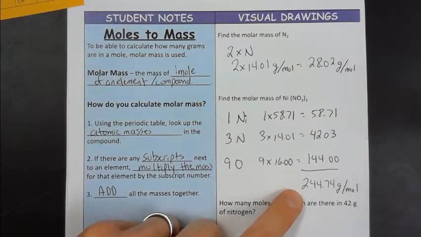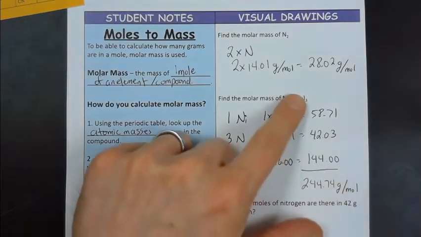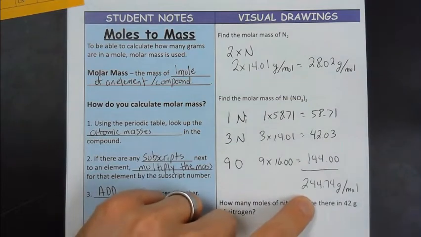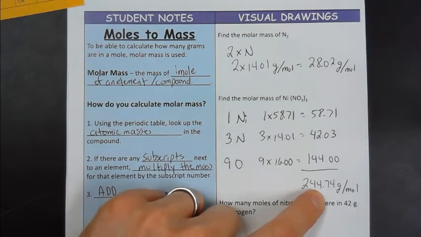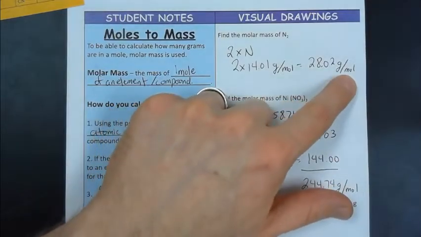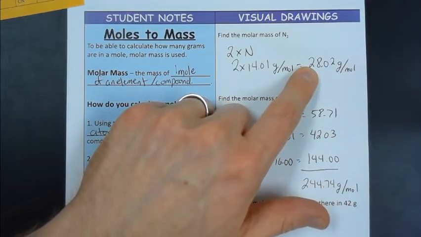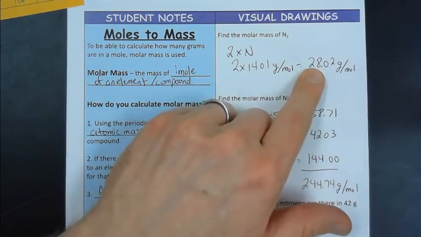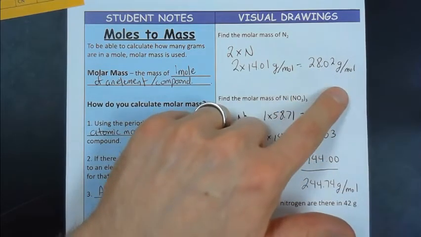This tells me that if I wanted to have 1 mole of this compound, I need to mass out on a digital scale 244.74 grams. Or for nitrogen, if I wanted to have 1 mole of nitrogen, I need to get 28.02 grams of nitrogen. If I want 10 moles, I need 280 grams. So it's just kind of an equivalent ratio.